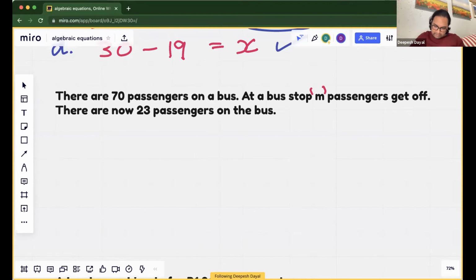I'm going to write these answers down. 70 minus M equals 23, right? Yes, sir.